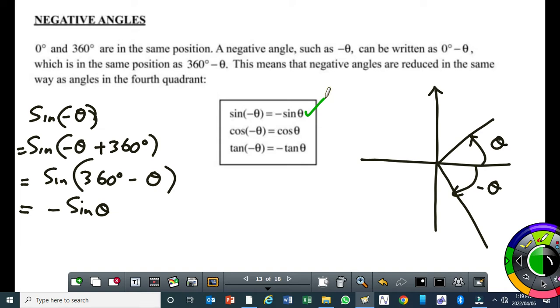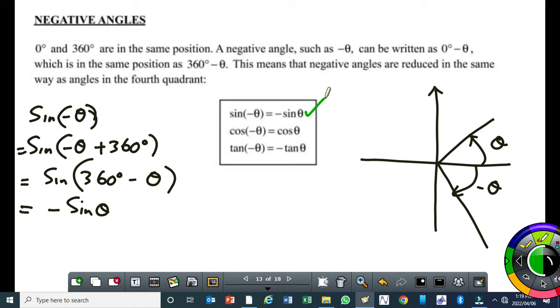So the sine of a negative acute angle is equivalent to minus sine of the positive of that same angle. Instead of having minus theta on the right hand side, you just write the same acute angle as a positive angle, then you put a minus in front of the sine.